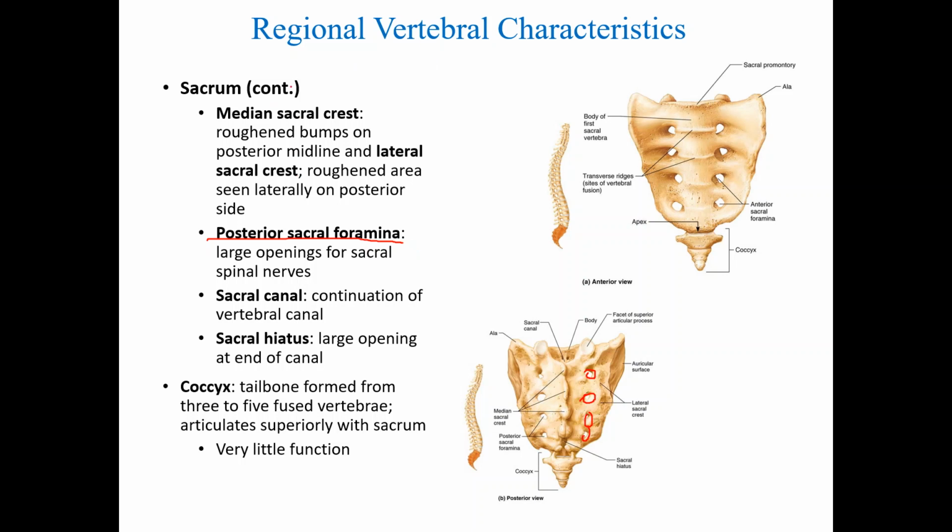Again, the median sacral crest, which are bumps on the posterior midline over here, okay. This is another feature that we can appreciate from a posterior view, okay. So the median sacral crest, which you can feel if you touch the area of your sacrum.